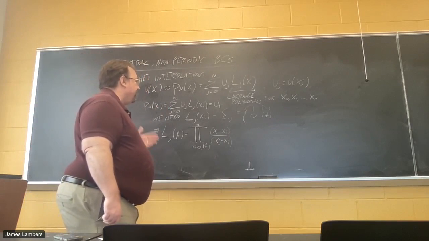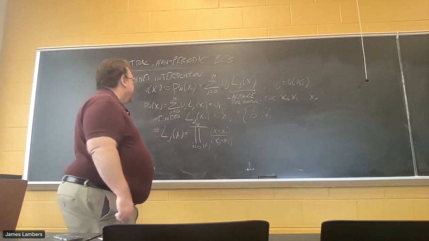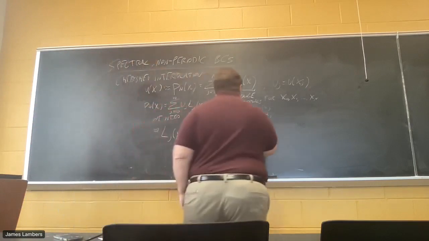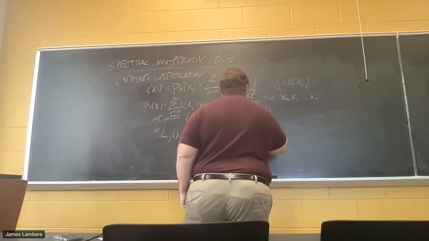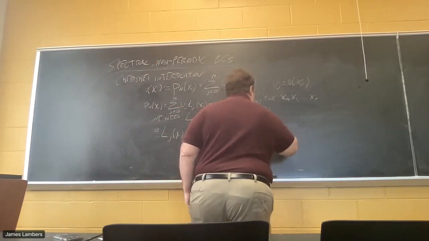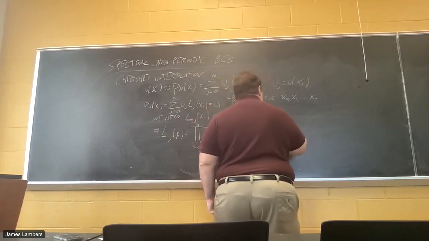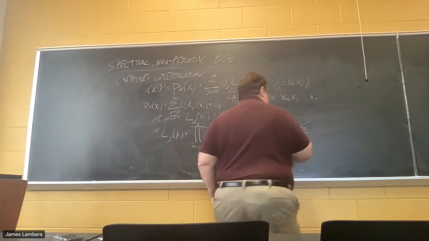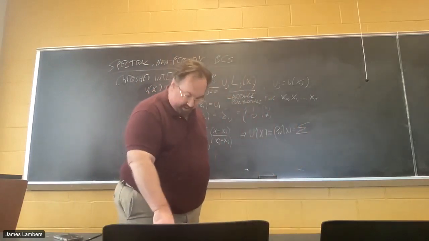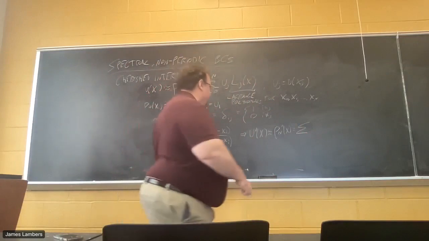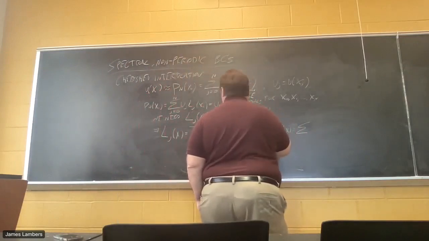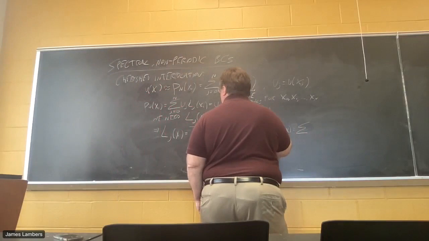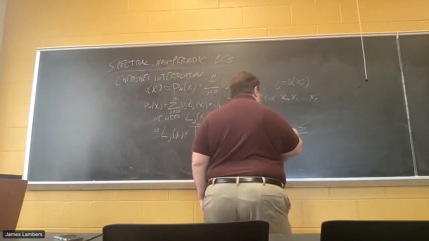I want to use this approximation to get an approximate derivative of u of x. So now u prime of x is approximated by Pn prime of x. I'm going to plug in a specific xi into Pn prime.